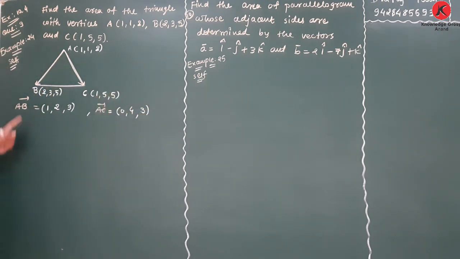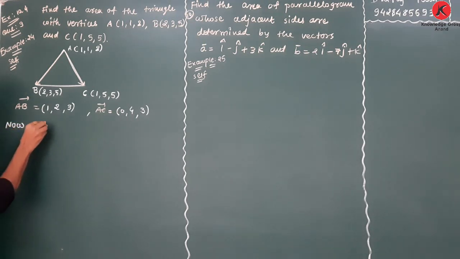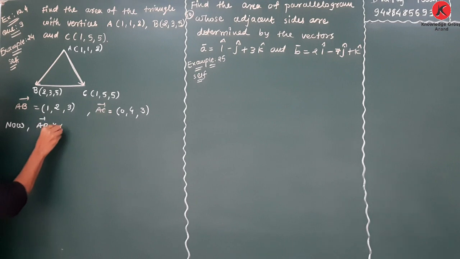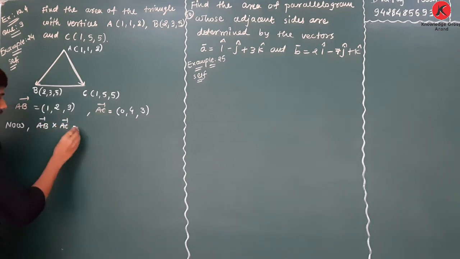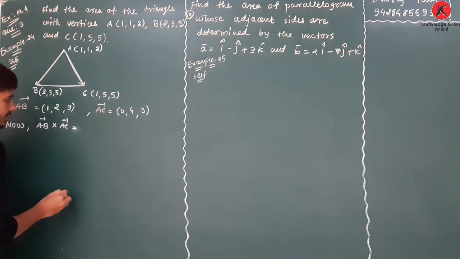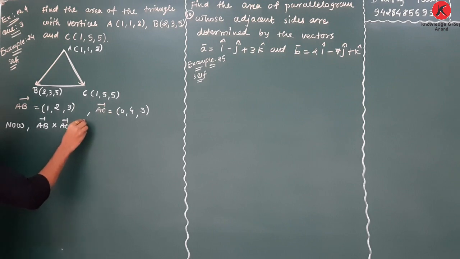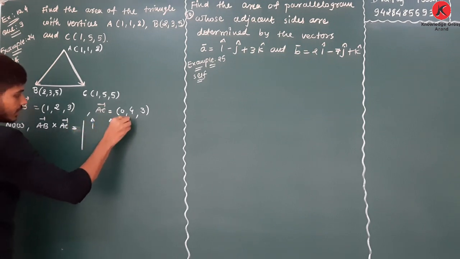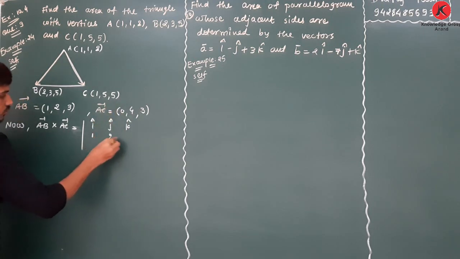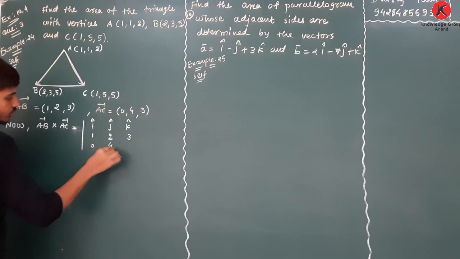Okay, the vector AB and vector AC are ready here. Now find the cross product AB cross AC, which is equal to the determinant with i, j, k, 1 2 3, 0 4 3.